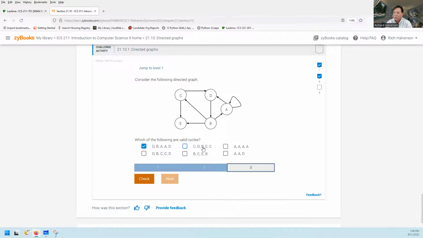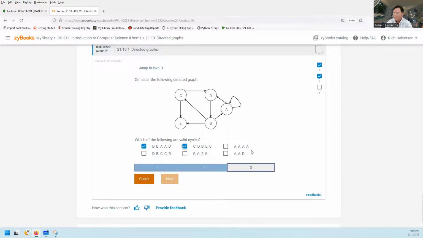How about this one? C, D, B, E, C. Oh yeah, that's a valid cycle.